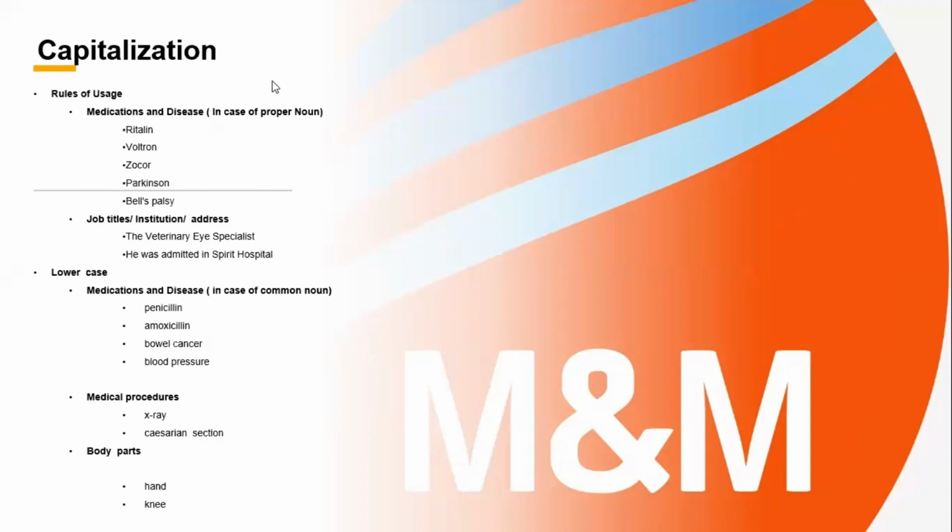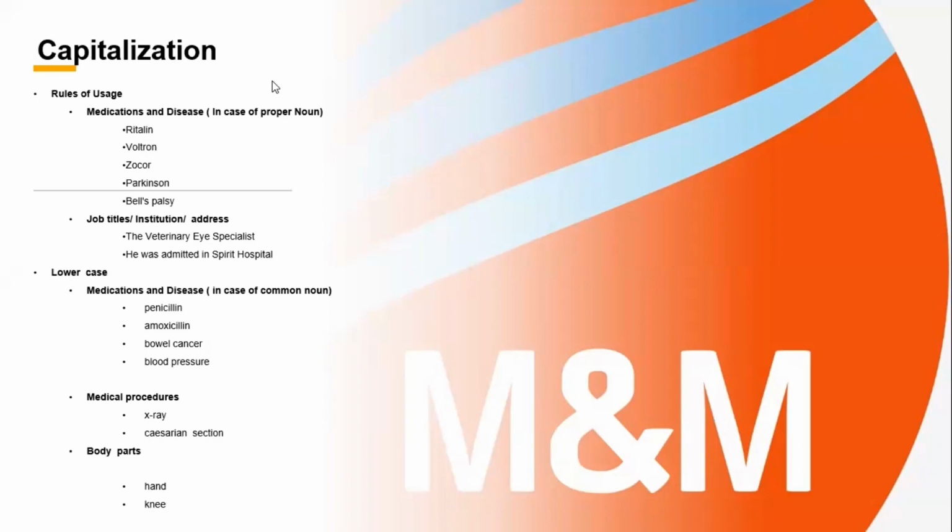Then the rule of capitalization, like where to use the capital letter. For example, if we have a disease named after scientists, such as Parkinson, Bell's palsy, these are diseases we can write with a capital first letter.